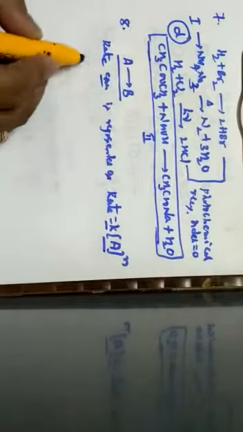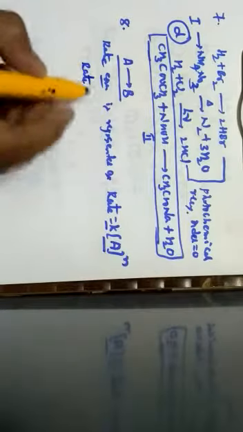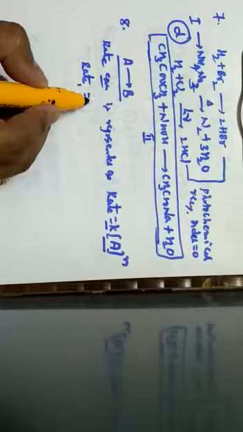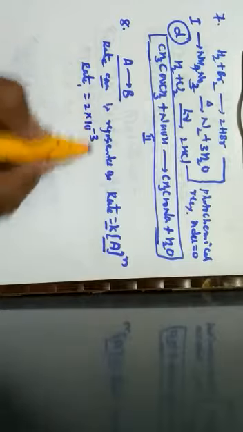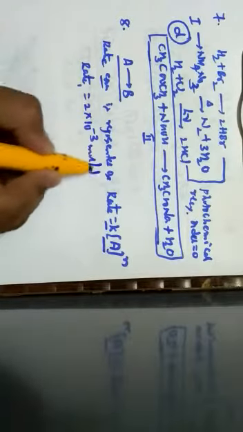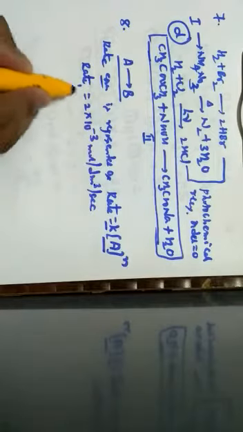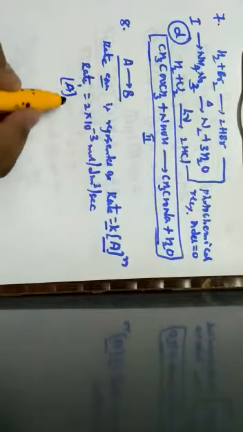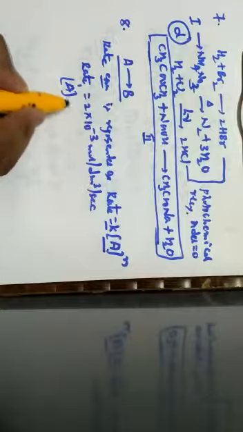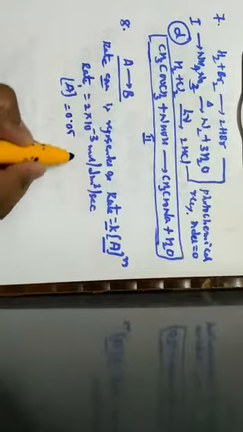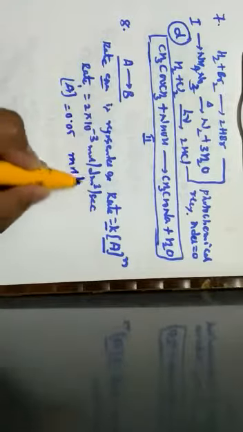It has been given that the rate is 2 into 10 to the power of minus 3 mole per dm cube per second, and the concentration of A is 0.05 mole per dm cube.